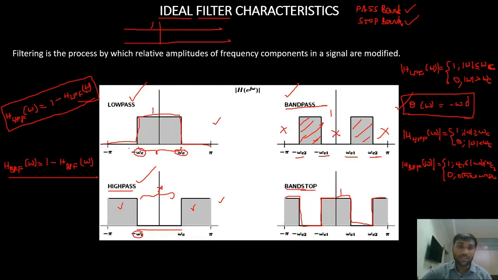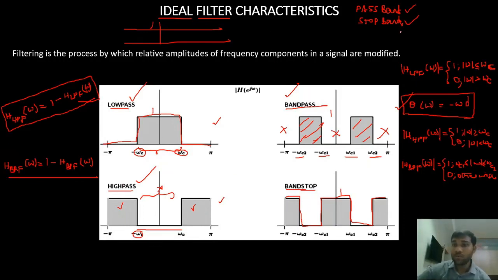Anything above this frequency must be rejected. Anything below this frequency has to be accepted. Ideally, this is the case. What happens in case of practical filters, we'll see in the coming slides. So this is the ideal filter characteristics of four different types of filters: low pass, high pass, band pass, and band stop.